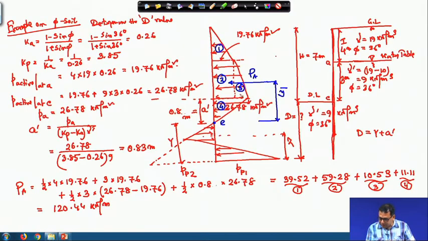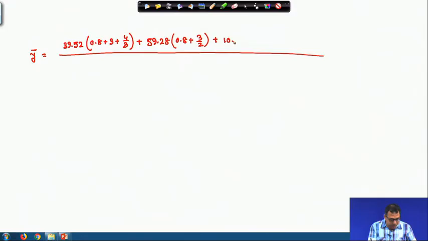Third one is a triangle, it will be 0.8 plus 3 by 3, and the force is 10.53. So, this will be 10.53 into 0.83 plus 3 by 3.